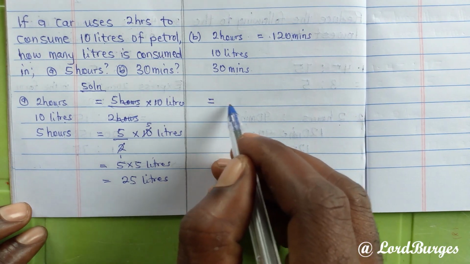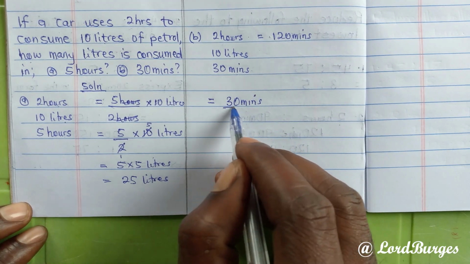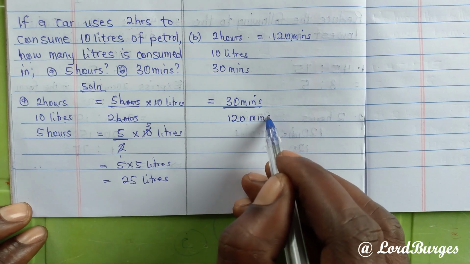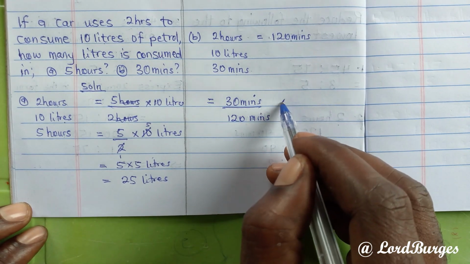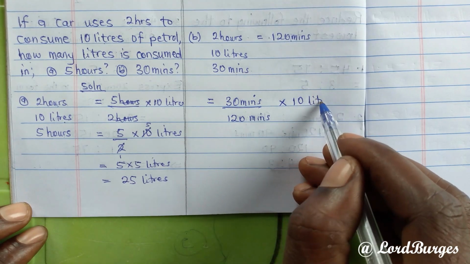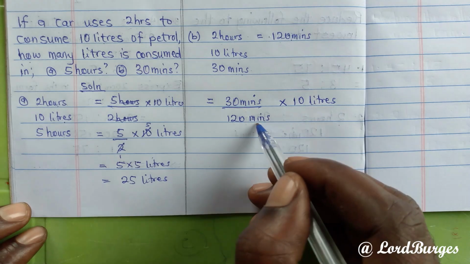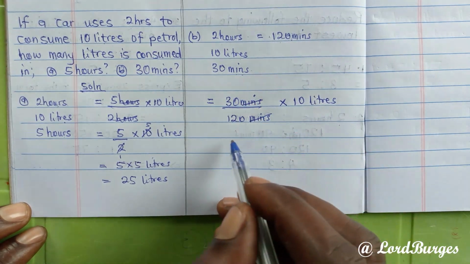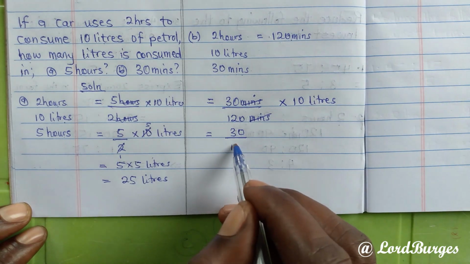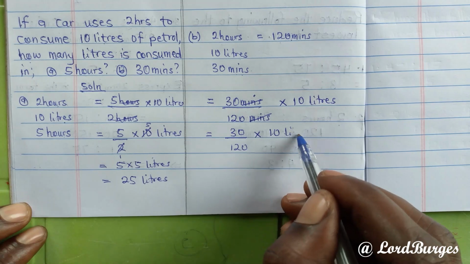Therefore, I will be having 30 minutes over 120 minutes, because you said more should divide, times the last one, which is 10 liters. So the two which are the same form the fraction. Therefore, minutes cancels minutes. I should be having 30 out of 120 by 10 liters.